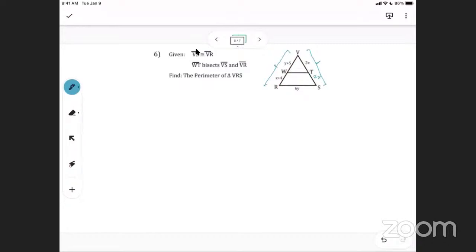I'm going to set this side, y plus 5 plus x plus 4, equal to the right side, 2x plus 2x, because it told us that those were equal to each other.